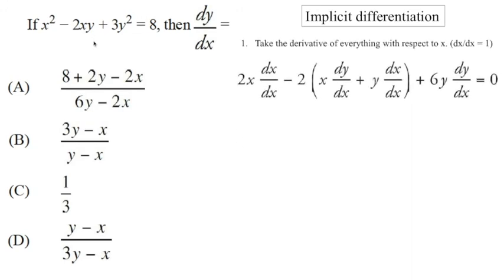And so first we're going to take the derivative of everything with respect to x. dx over dx equals 1, right? So we can take the derivative here. x squared is 2x, and that's dx/dx, or times 1, minus 2 times, this is where it gets a little confusing. Since we have a y here, we're going to say dy/dx.